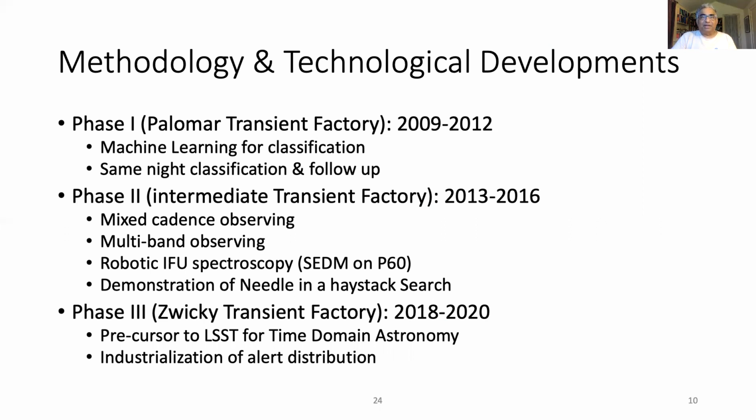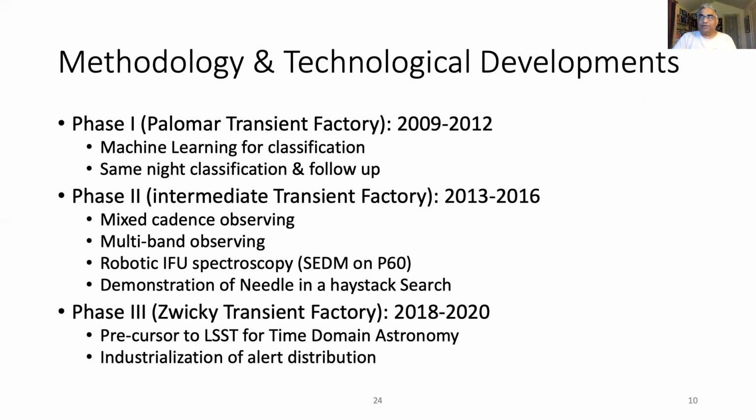The success of PTF led me to iPTF, the Intermediate Palomar Transient Factory. And here we introduced mixed cadence, multiband observing, and robotic integral field unit spectroscopy. This is basically robotic spectroscopy, which will turn out to play a very big role as we go into the ZTF era.